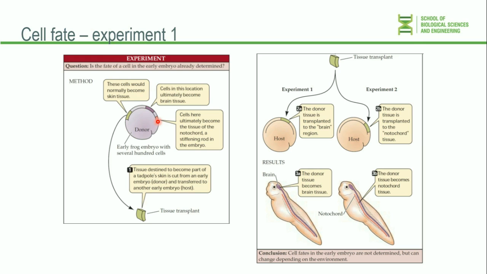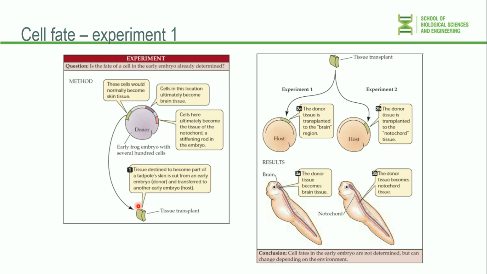Now, the question at the onset of this particular study was, how early in an embryo is the fate of the cell determined? So what the researchers did, and this is pretty cool, is extract cells from the early embryo, in this case cells that we know at this particular position will become skin cells.